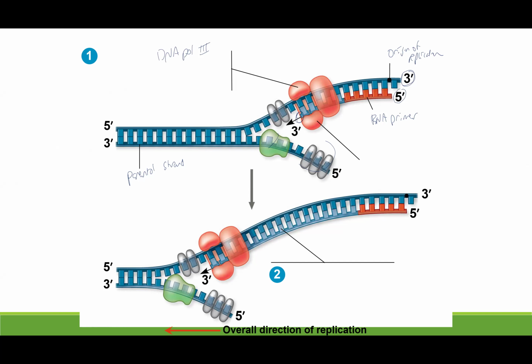This strand is what we call the leading strand because replication happens continuously. Because the 3' end is open, the DNA polymerase just keeps bringing in more bases, and it can keep going right down this molecule straight. So it's continuous replication or elongation.